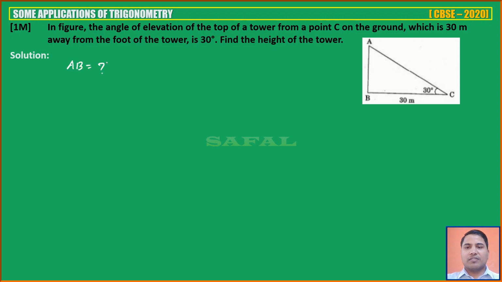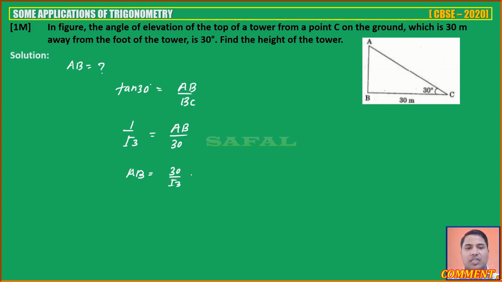You know that it's a very simple problem, you just need to apply the tan ratio. So I can see that tan 30 is AB by BC. Now we know that tan 30 is 1 by root 3. AB we are supposed to find and BC is given to us as 30 meter. So on cross multiplication, AB I'll get 30 by root 3.